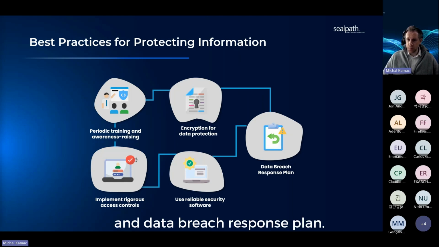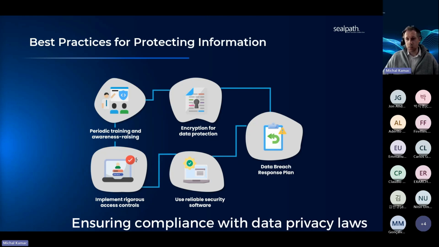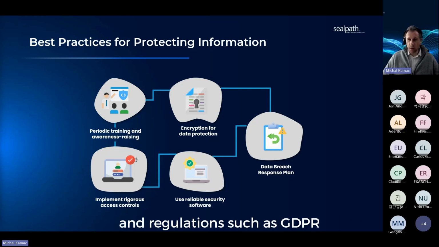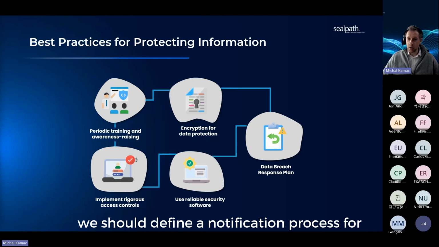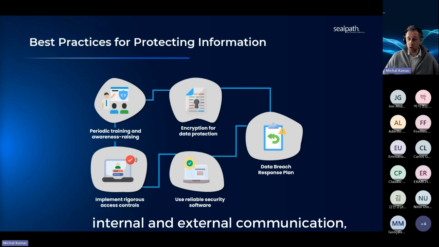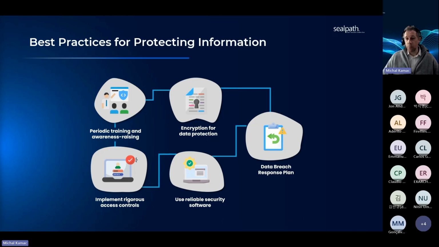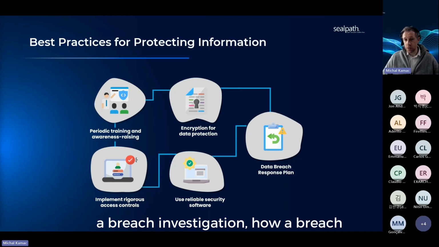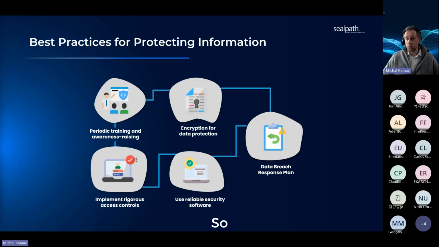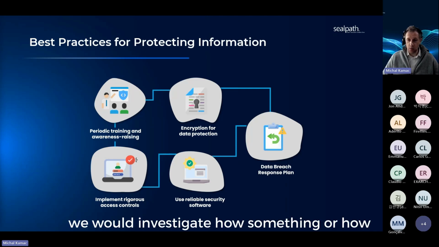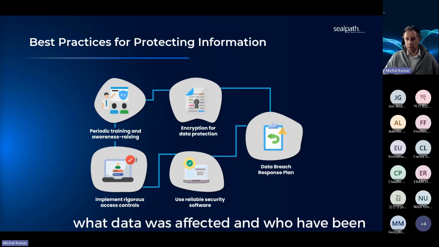Data breach response plan, ensuring compliance with data privacy laws and regulations such as GDPR, would make a lot of sense. So here we should define a notification process for internal and external communication, and a breach investigation, how a breach investigation would look like in case of an event. So we would investigate how this event happened, what data was affected, and who has been affected.